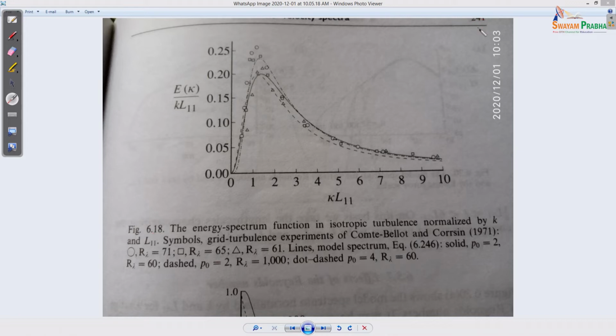Now, if you look at this, the energy peak of the spectrum comes around here, which is in wave number space. This is about 1.3. So, this is the peak.